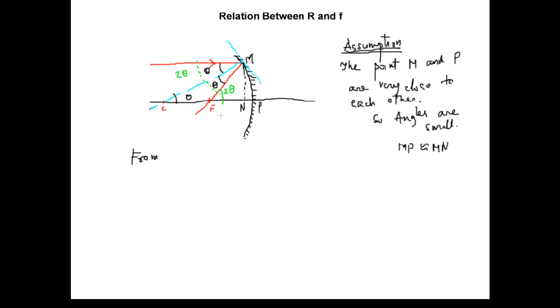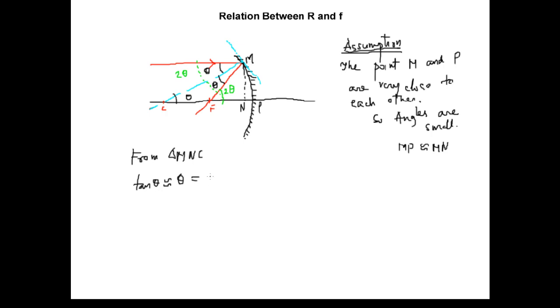From the triangle MNC, what can we write? We can write tan of theta almost equivalent to theta. Now why is this equivalent? Because we are taking that M and P are very close, so angles are small. As angles are small, the tan function of theta is almost equal to theta itself. So tan of theta would be perpendicular by base.